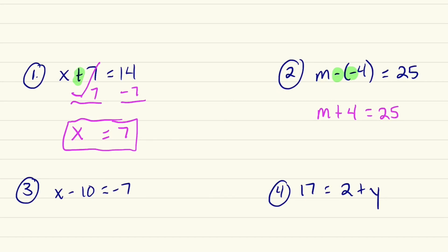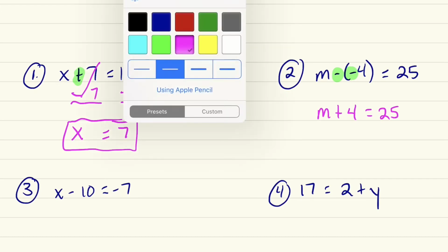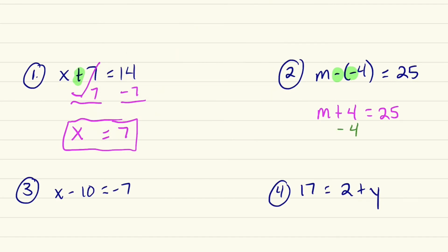Now I see that I'm adding 4, so all I'm going to do is the opposite operation. I'm going to subtract 4 from both sides. 4 minus 4 cancels out, leaving me with m on the left-hand side. 25 minus 4 is equal to 21. So my final answer is m equals 21.